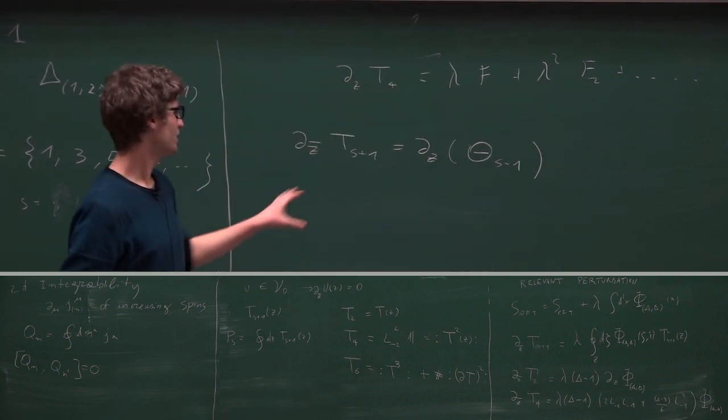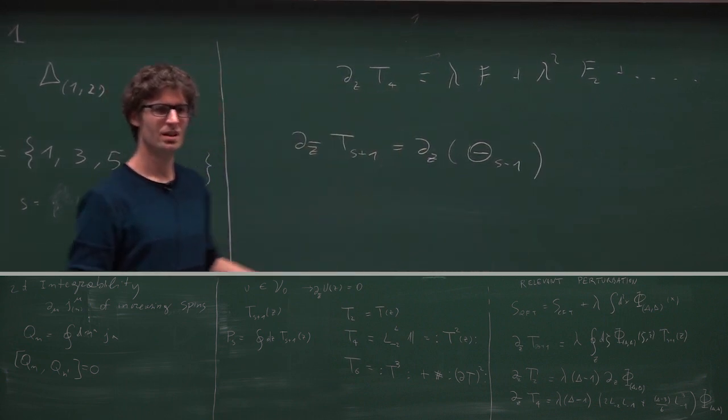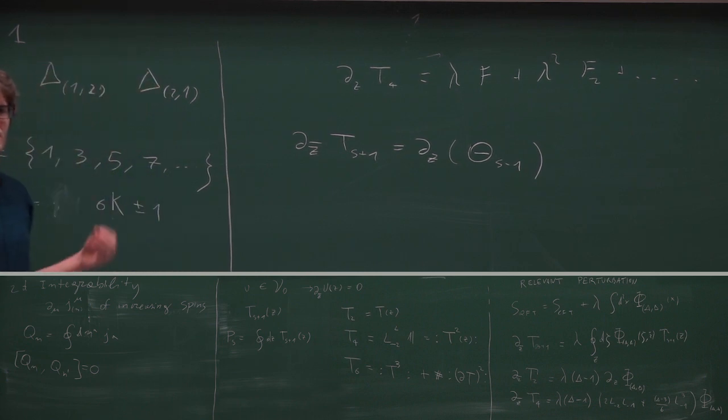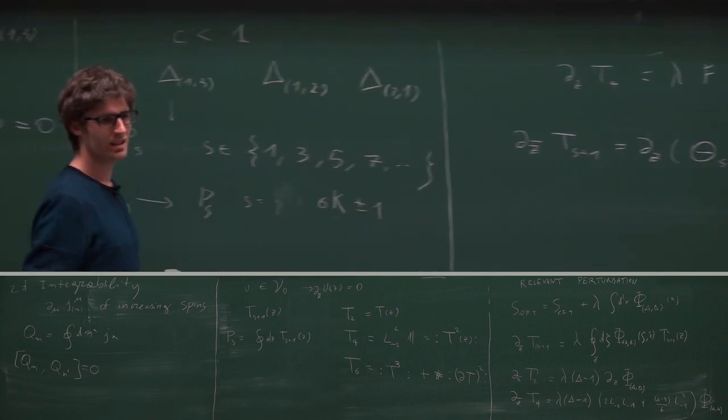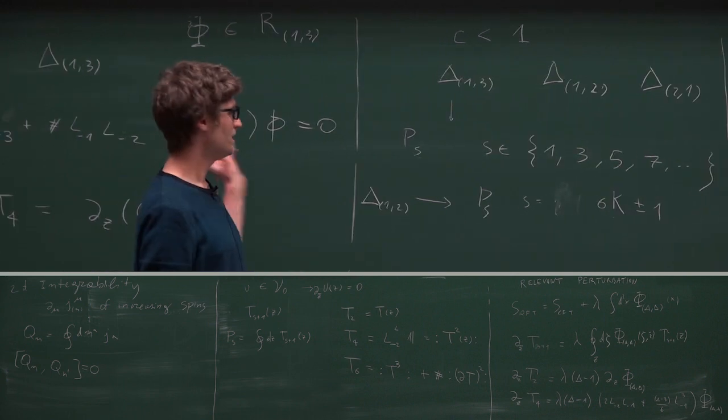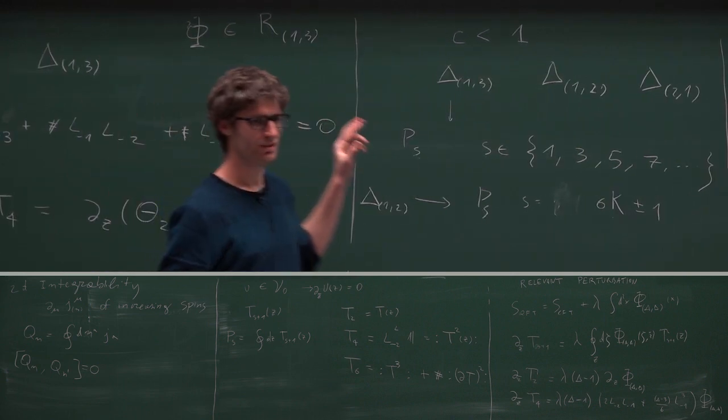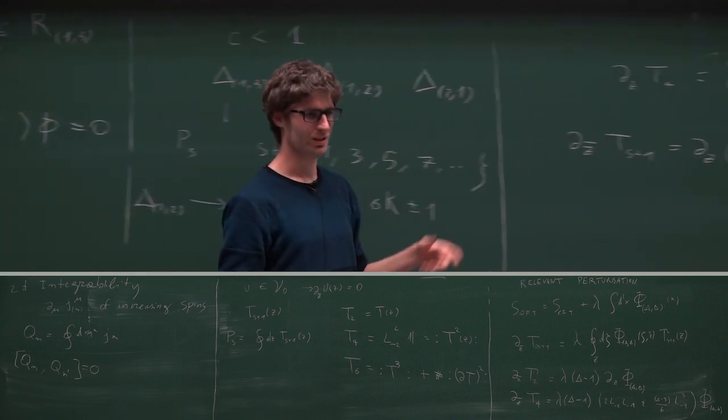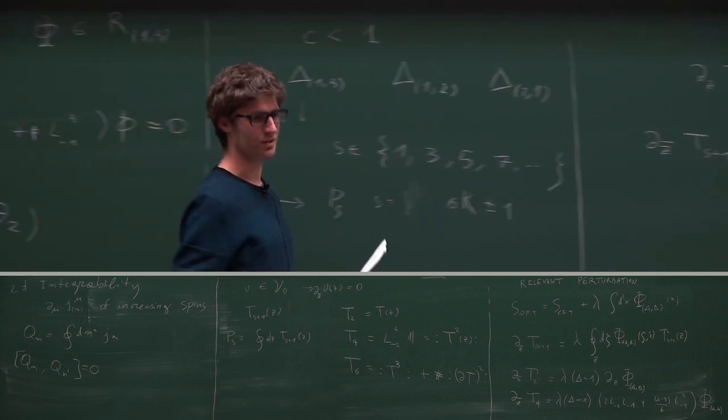You want to find a new equation like this. Because this will give you a conserved current, then, according to my initial definition, you still need to check commutativity of all these charges.